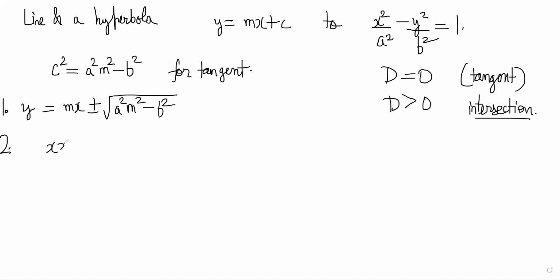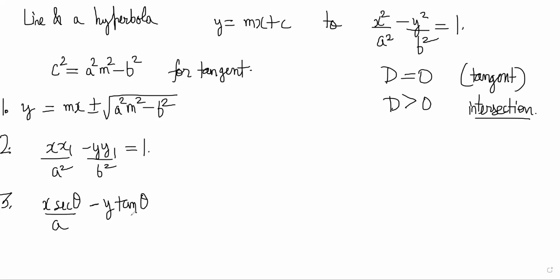The point form is x x1 by a square minus y y1 by b square is equal to 1. And if you put the parametric point x1 as a sec theta and y1 as b tan theta, you'll get x sec theta by a minus y tan theta by b is equal to 1. So these three are your regular tangent equations.